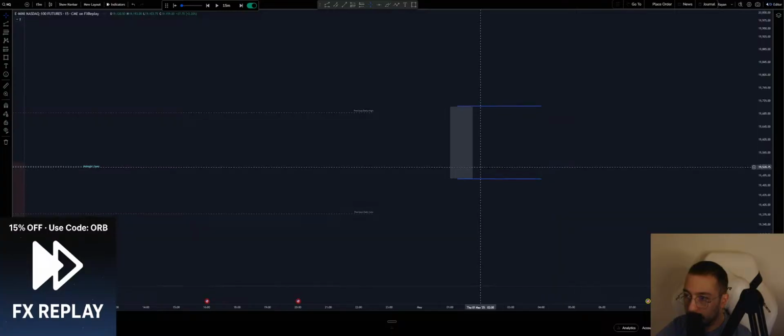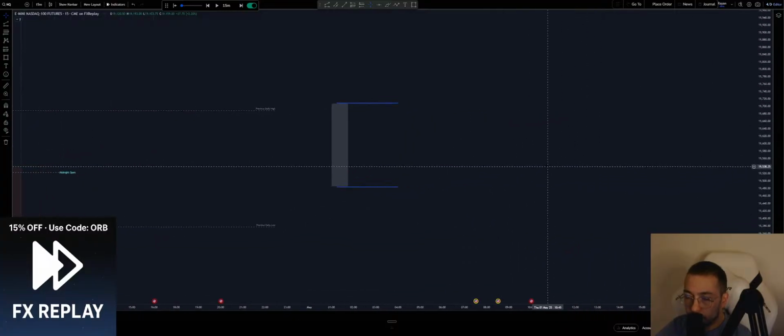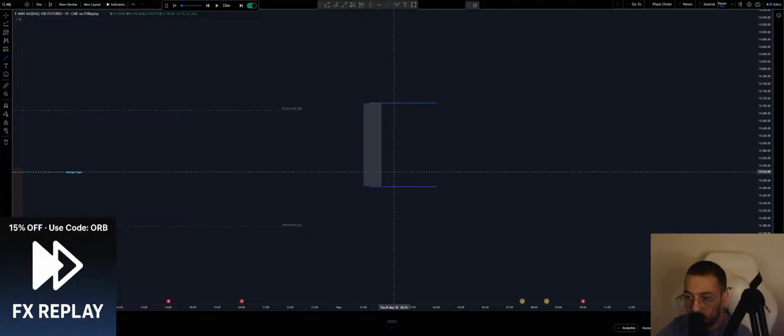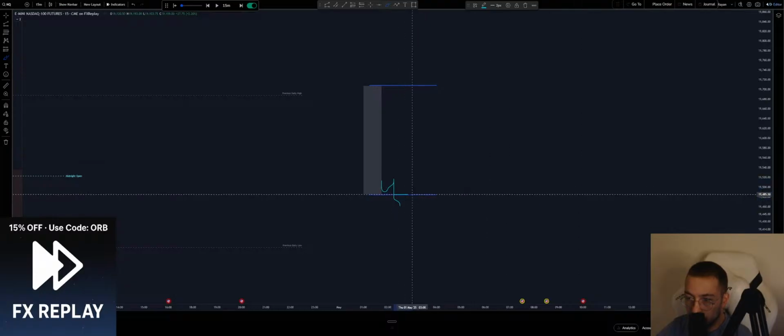On the 1-minute time frame, we have two ways of entering. First of all, let me explain the entry model. The entry model is basically once the price breaks below with a candle closure below the range, we wait for a retest to the ORB to enter a short.